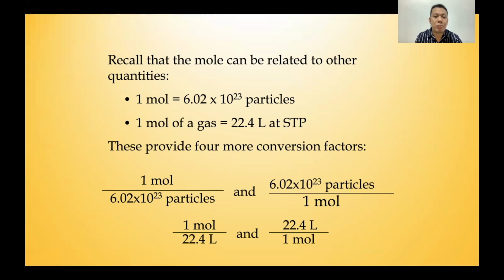So this provides four more conversion factors, which is 1 mole equivalent to 6.02 times 10 to the 23rd particles, and 6.02 times 10 to the 23rd particles over 1 mole, and 1 mole over 22.4 liters, or 22.4 liters over 1 mole.